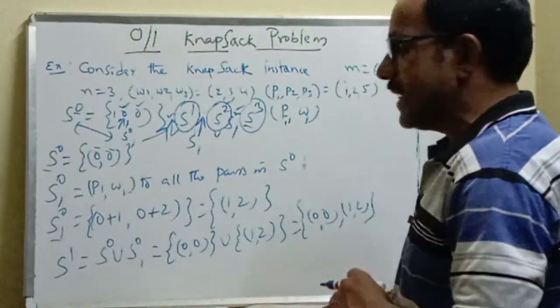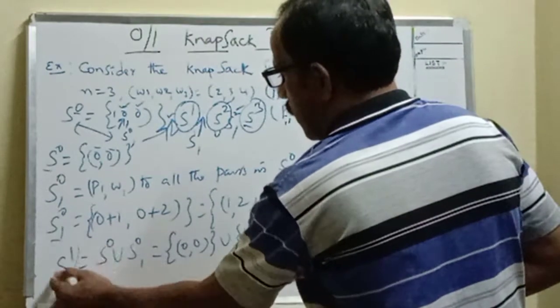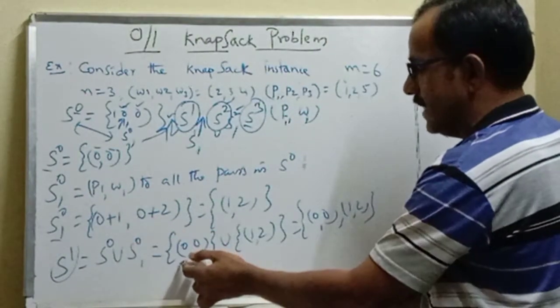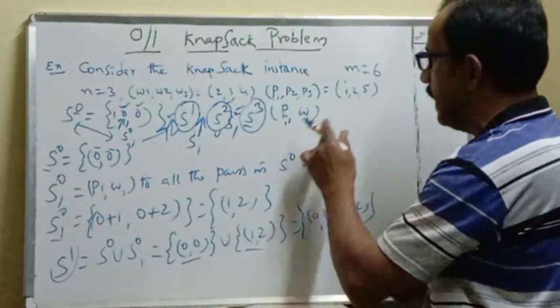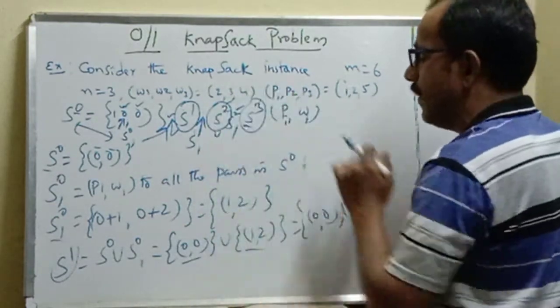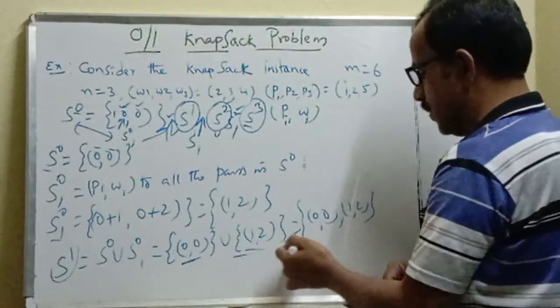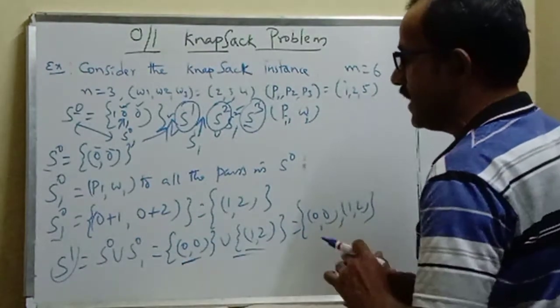S0 is one set, S01 is another set. If you combine these two sets, we get S1. So S1 is S0 union S01. S0 is (0, 0), union S01 is (1, 2), because after adding P1 and W1, P1 is 1, W1 is 2. 0 plus 1 and 0 plus 2, we get (1, 2). So after combining these two, we get (0, 0), (1, 2). This is S1.